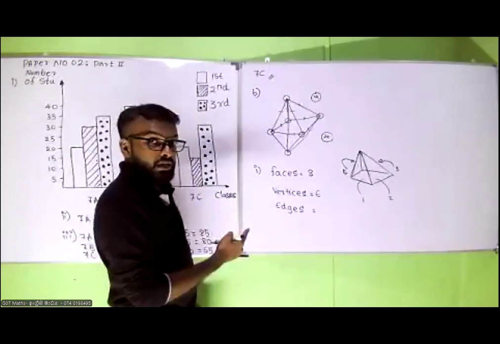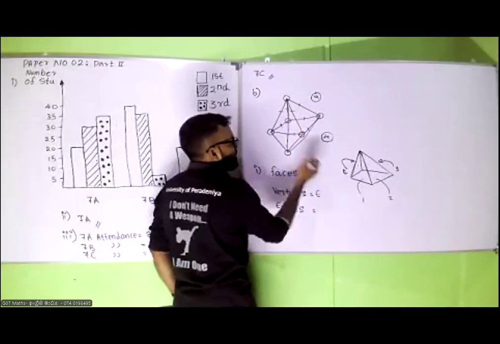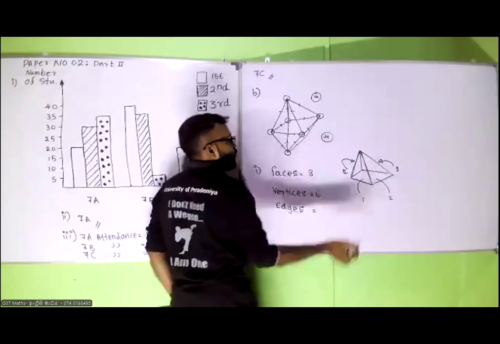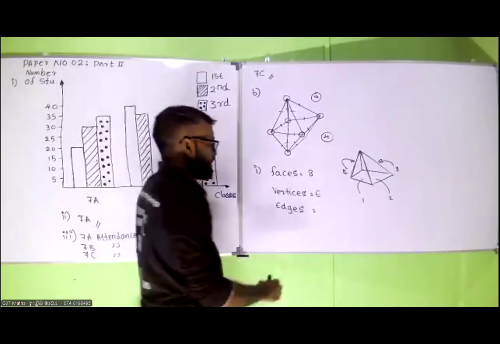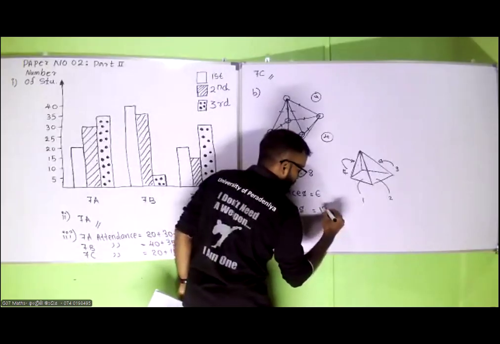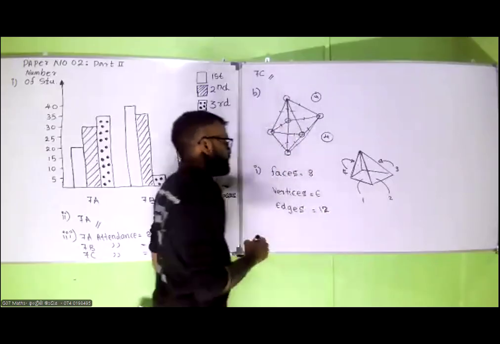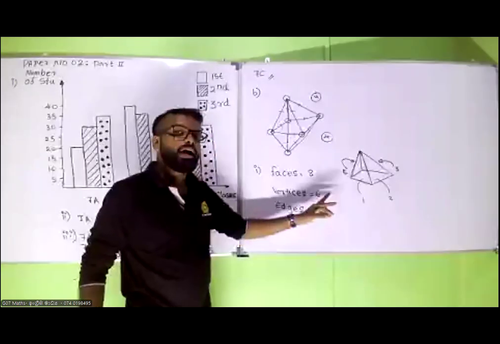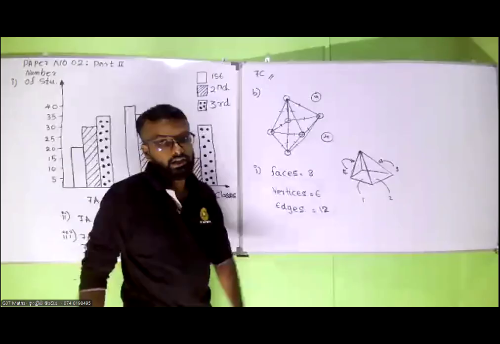And the bottom pyramid, again 4 plus 4, 8, 9, 10, 11, 12. There are 12 edges. So 8 faces, 6 vertices, and 12 edges are there for this solid.